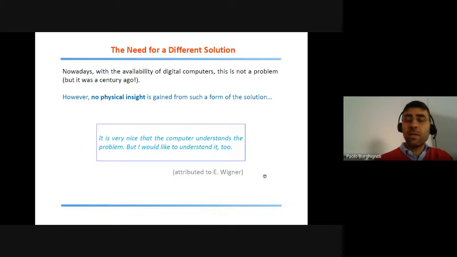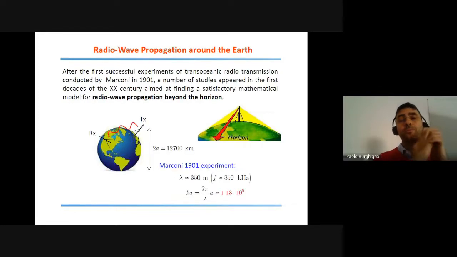And so this is a nice quote from the great scientist Eugene Wigner. In order to get this physical insight, we could do something, as I will try to describe in a moment.